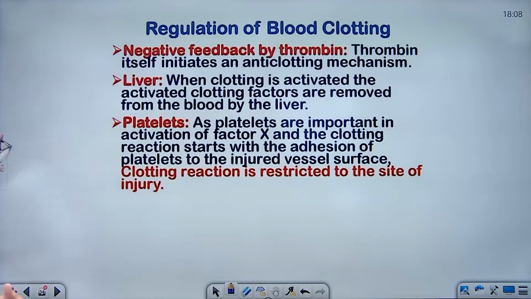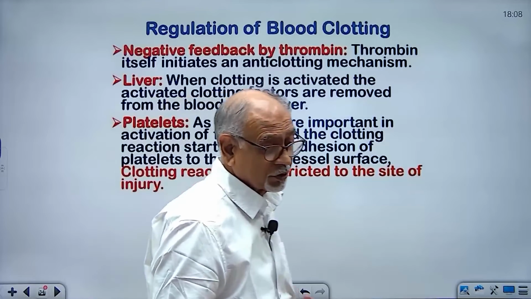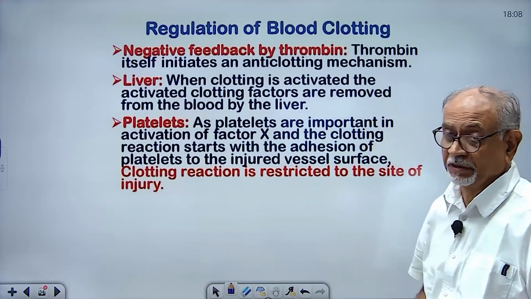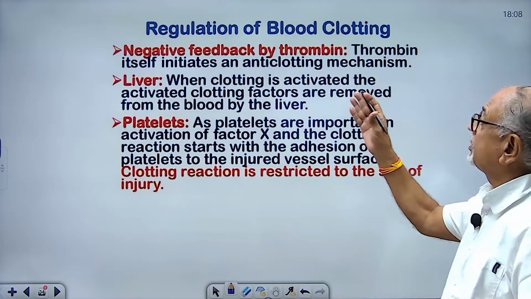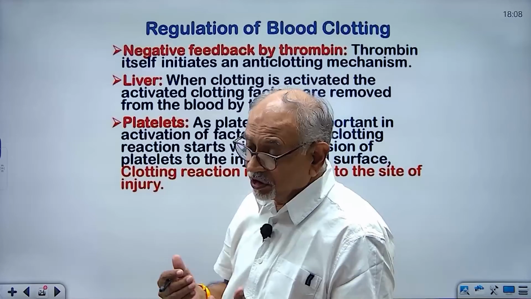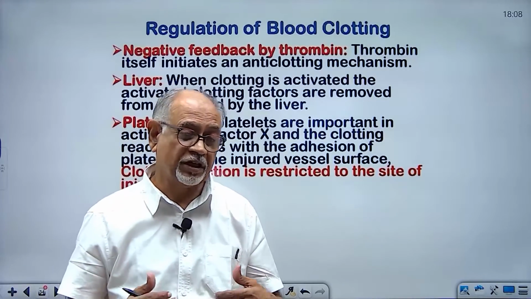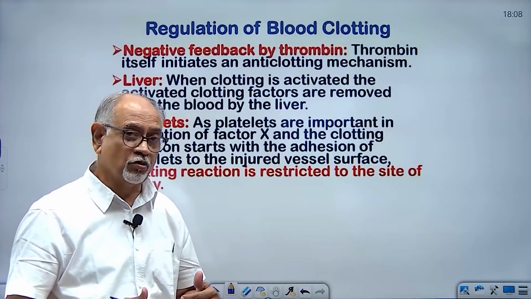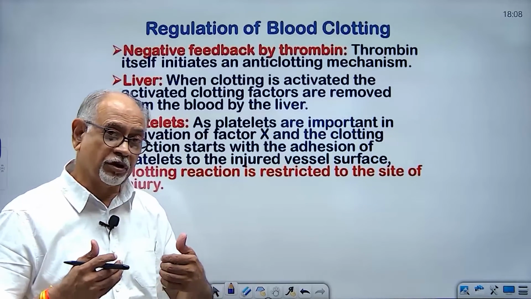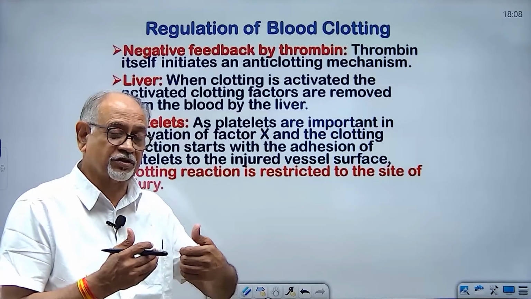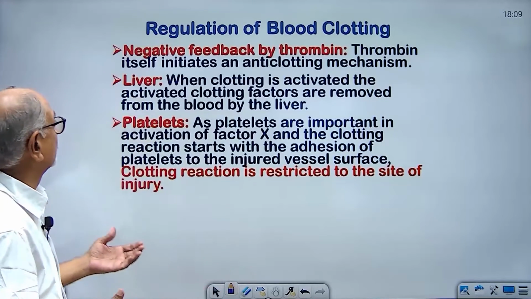Now, some other factors are responsible for regulation of blood clotting. One is the negative feedback by thrombin. When the thrombin is formed, a negative feedback mechanism is initiated to inhibit the process of clot formation any further.